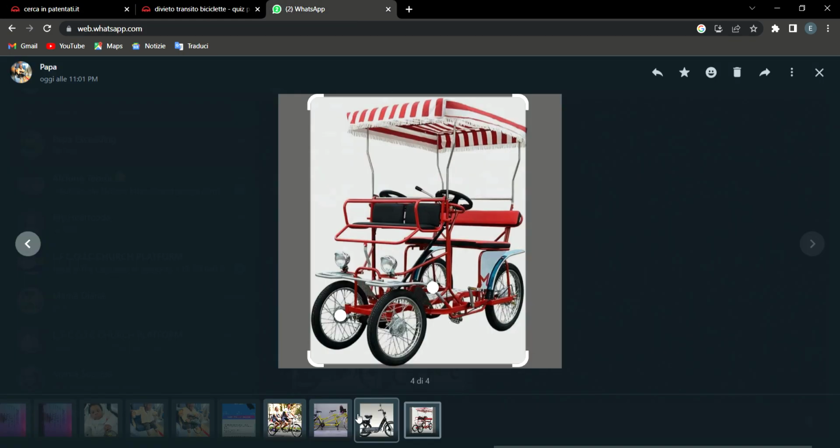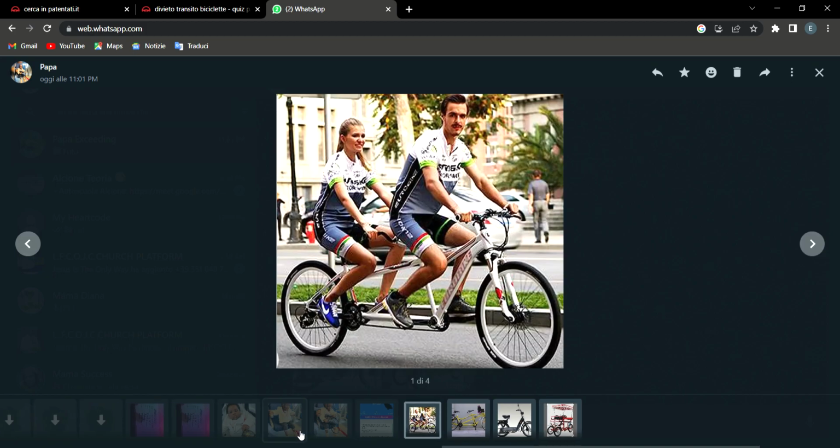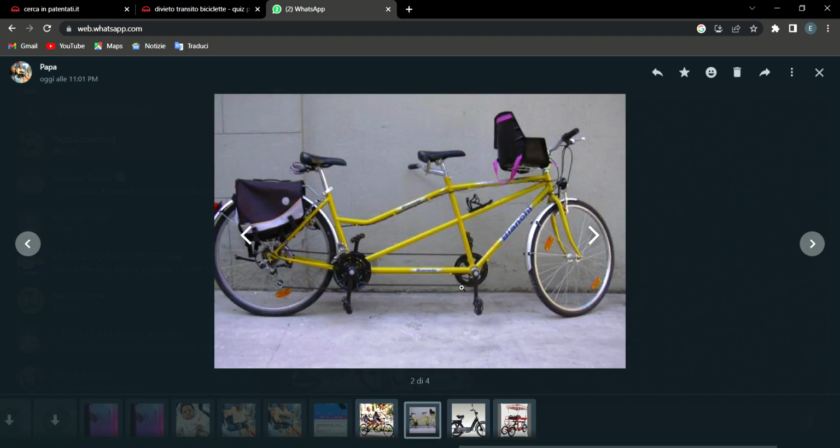An example of tandem is this one: a bicycle whereby 2 people can be driving it. You can see it. This is not a tandem. Whenever you are answering any quiz during the exam, this question normally comes out.